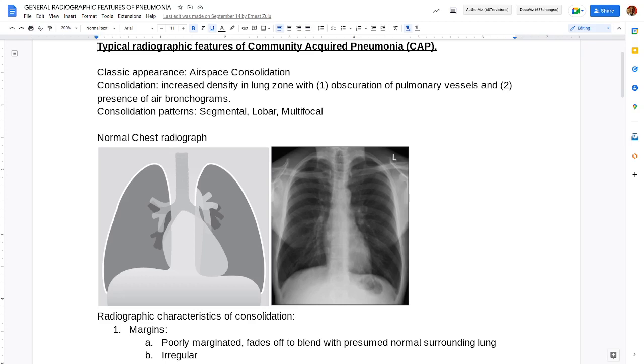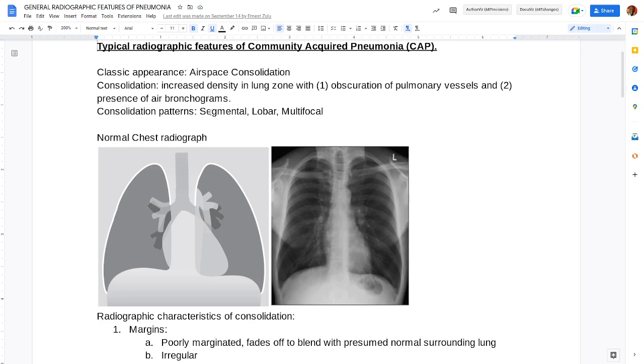Then it will go into smaller airways, main bronchi and bronchioles, and finally the air sacs, also called the alveoli. That's the last part of the airway, and this is where the gaseous exchange takes place. So you find that this fluid that is leaking from the blood vessels and the pus and the white cells, they all accumulate in those air sacs.